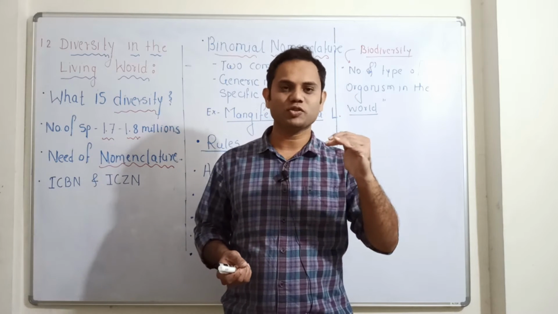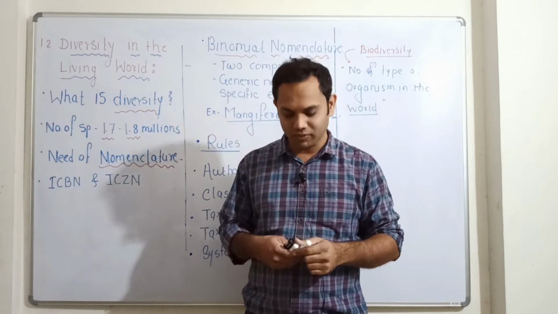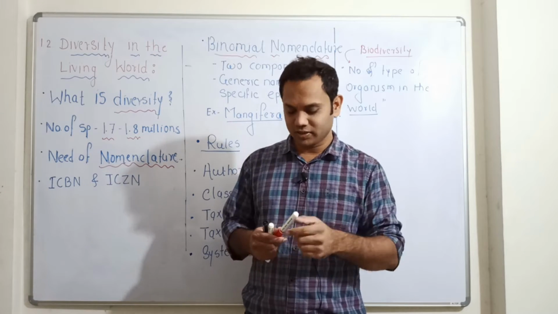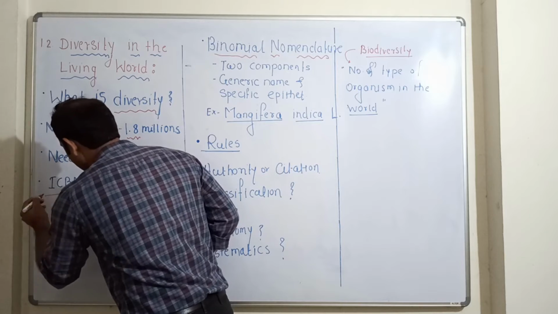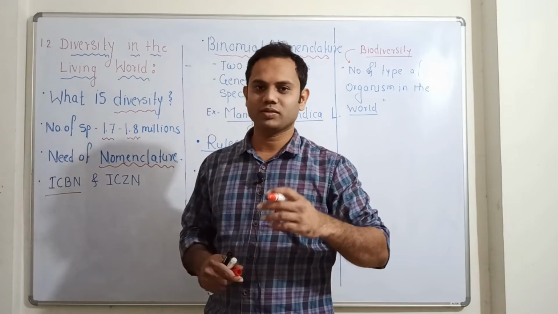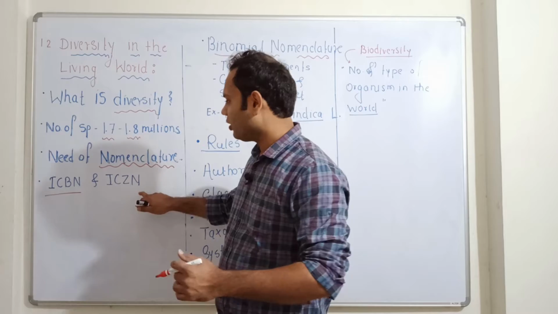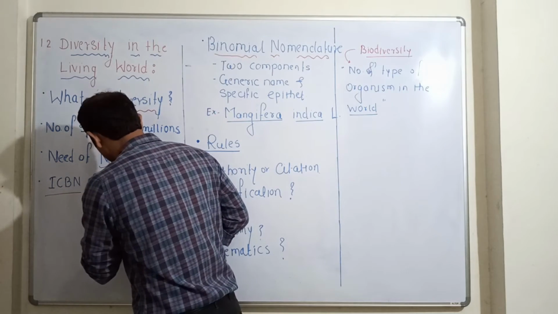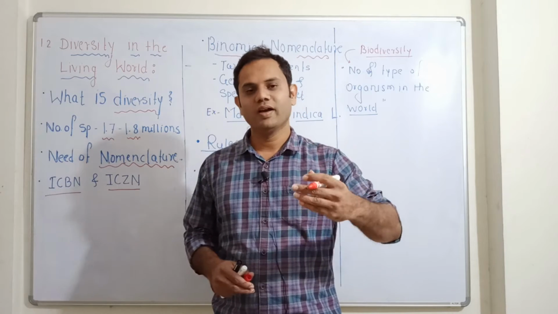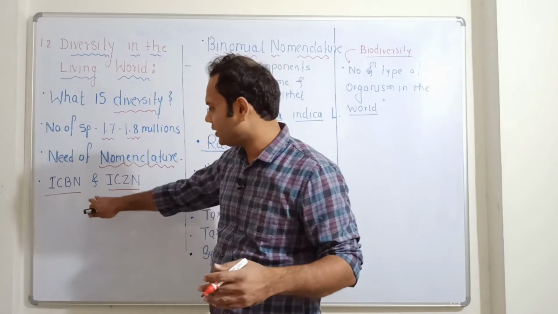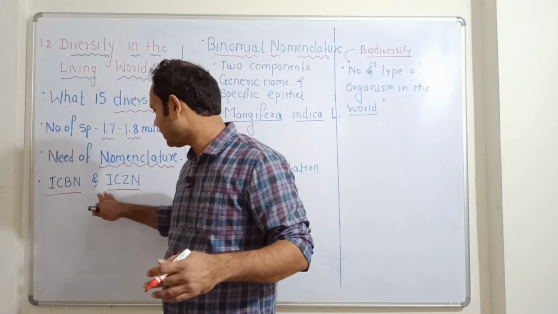On the basis of these, the names are given to the organisms. In that context, there are two such sets of principles: ICBN and ICZN.